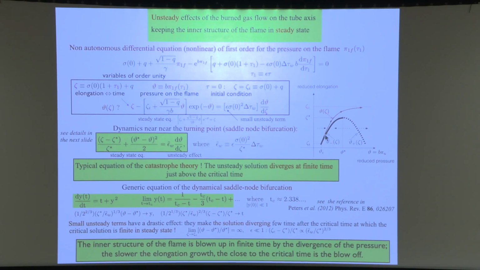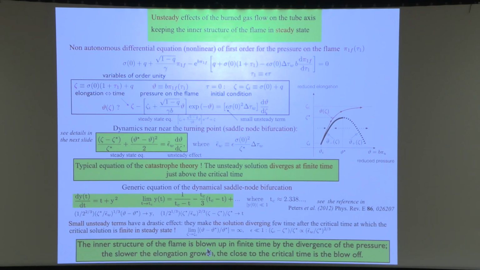And at this saddle node, the saddle and the node, the two solutions collapse. And so when it collapses, you run away, you get a divergence in the solution. This is recalled in yellow. This tells you that the pressure is diverging.